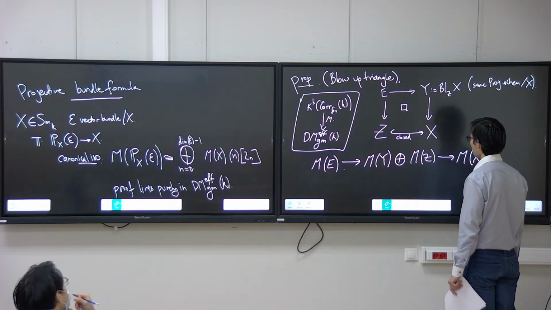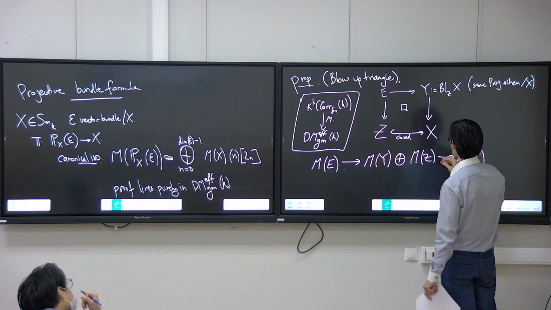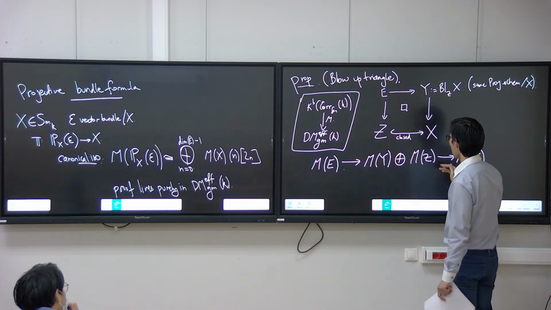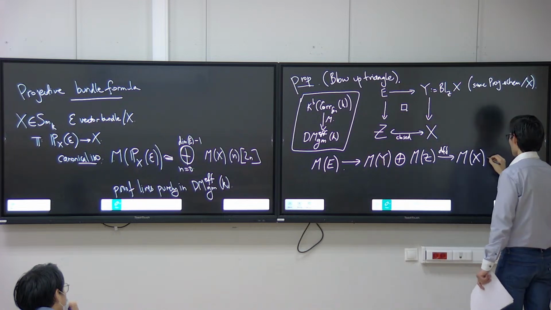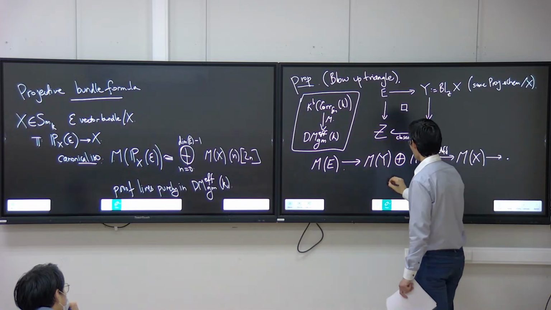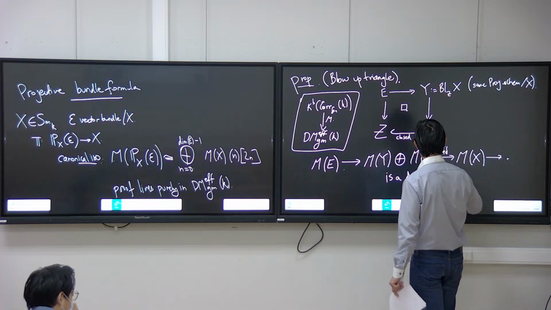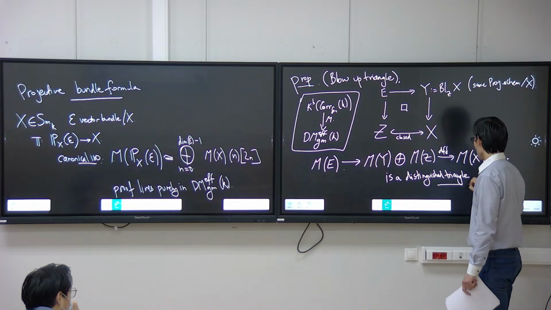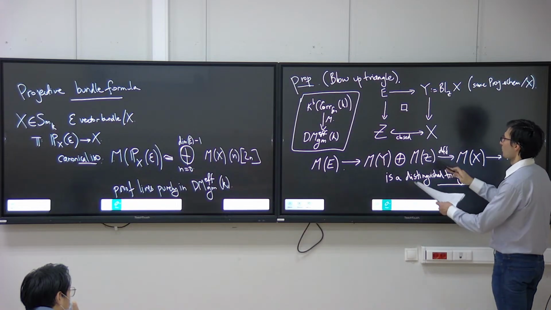I consider this map, so there is a map from M of Y to M of X and from M of Z to M of X, but I consider the difference of those maps, not the addition, so that I actually get a complex. So this is the difference map, and this is a distinguished triangle. If you're not comfortable with triangulated categories, what triangle means is that we get a long exact sequence in cohomology, although cohomology is not defined yet.